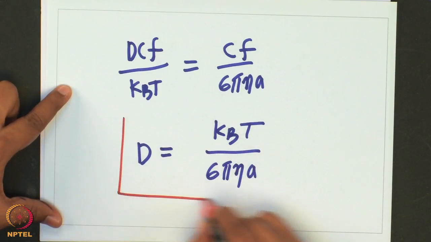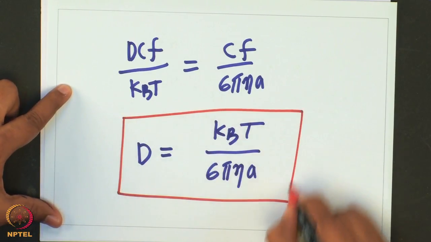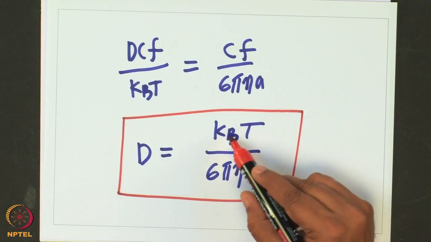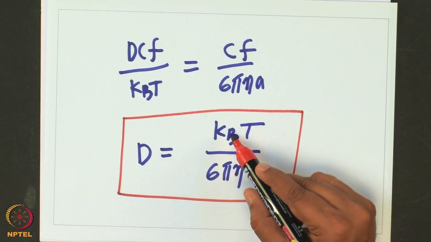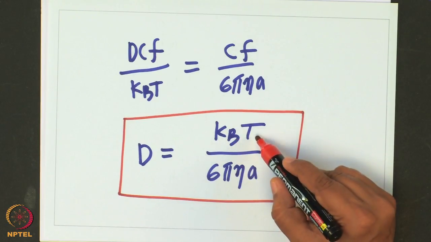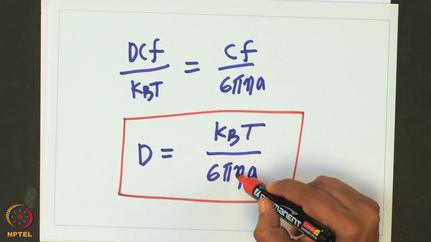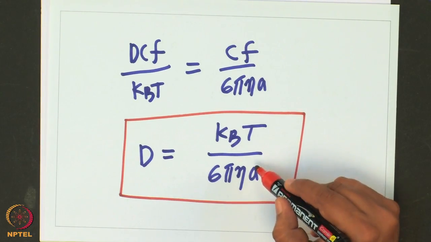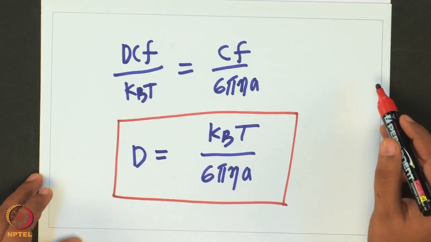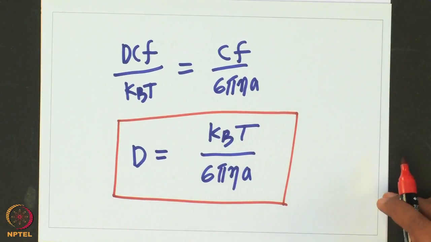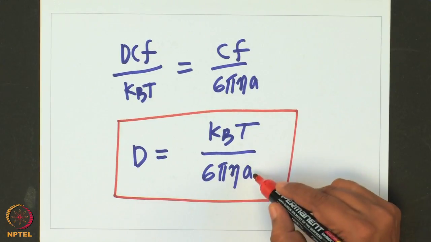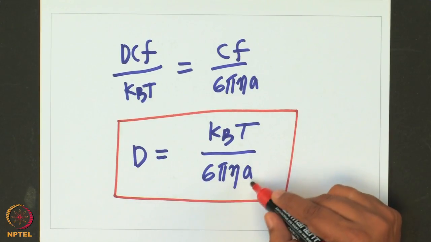So Einstein showed that D, which is the diffusion constant, is equal to kBT over 6 pi eta a, where kB is the Boltzmann constant, T is the temperature, eta is the viscosity, and a is the radius of the protein, assuming that it has a spherical shape. So folded globular proteins one can approximate to a sphere which has a radius of size a.